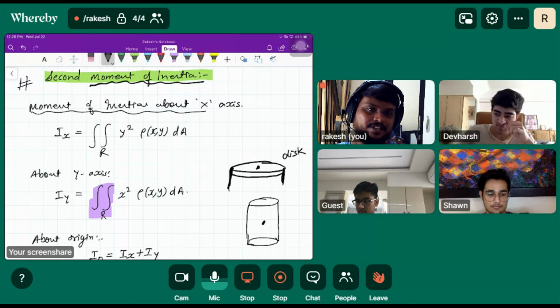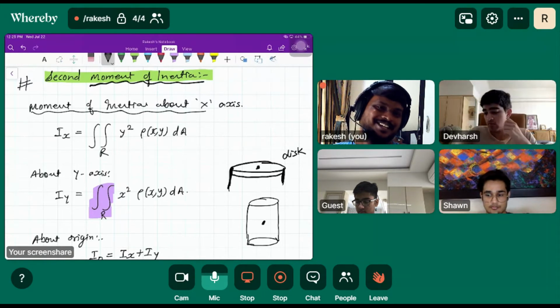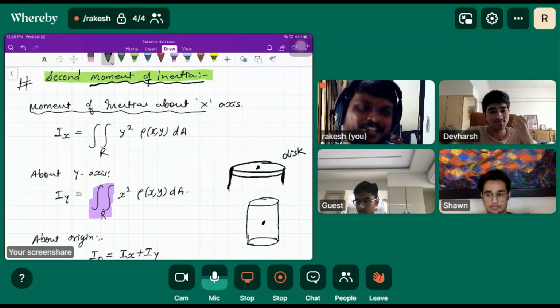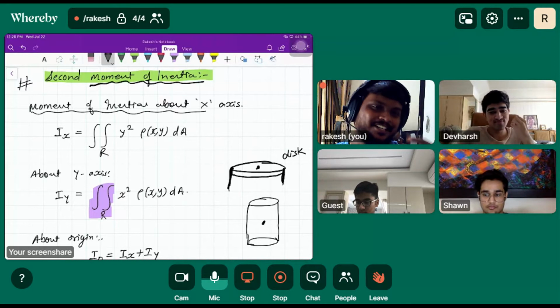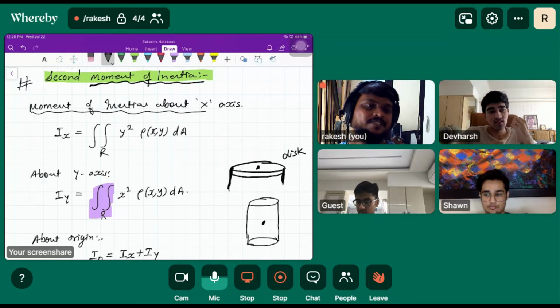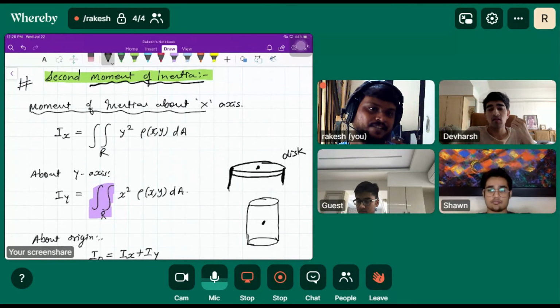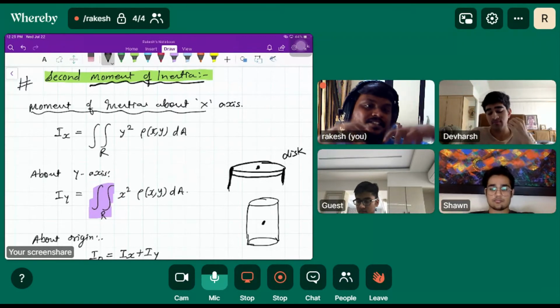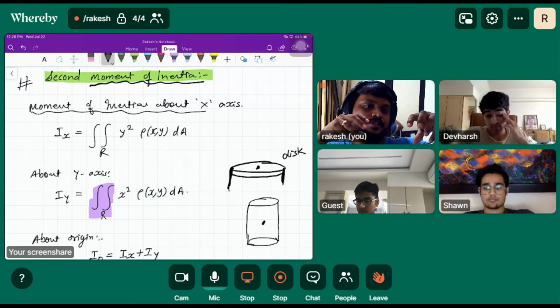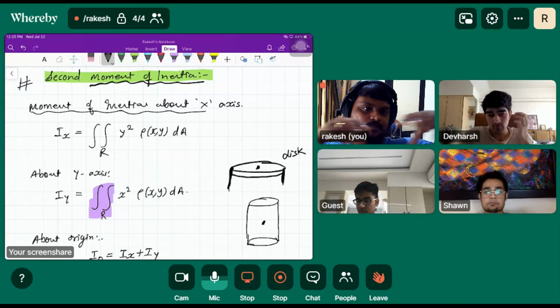Like I was given, I'm not saying you are given. I was given the symmetrical object, so I defined this center of mass very easily. But today, what we are learning is that this mass density function can vary on this plate. Are you getting that?